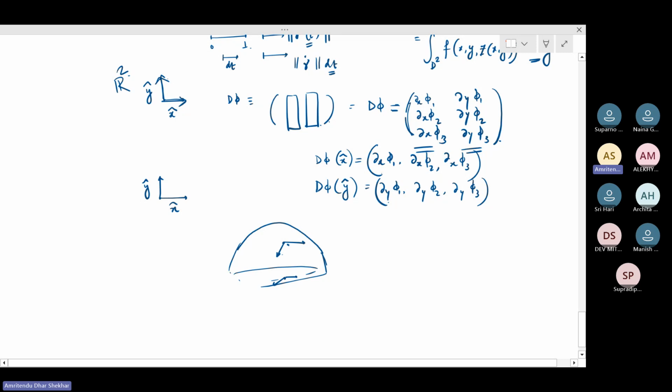So now if you considered a very small vector, let's call it del, so I have del x cap and, let's say, del y cap. Then del x cap and del y cap were together forming a small area element over here whose area was del square, right?